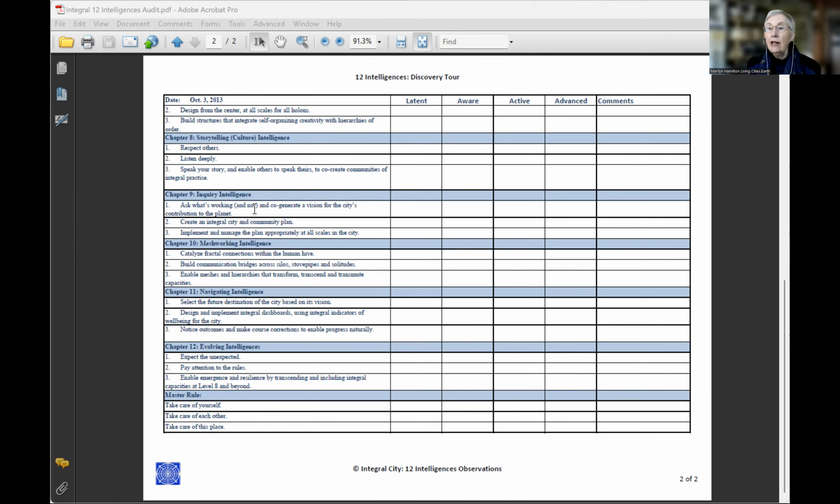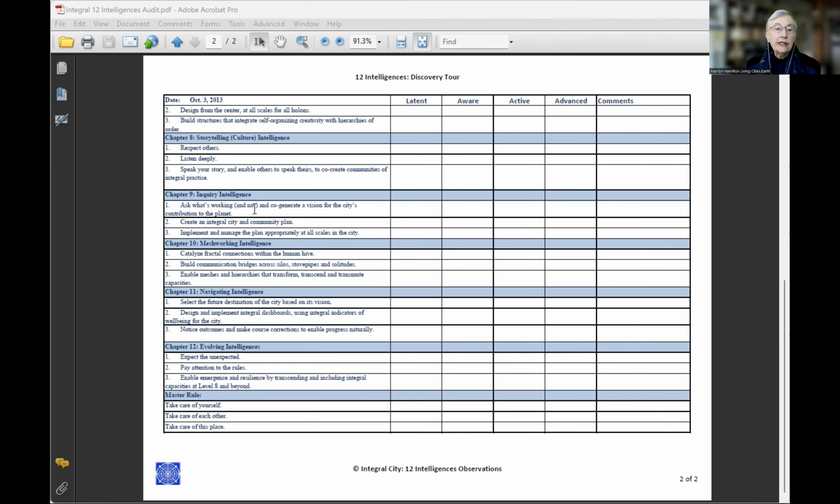One of the great values of meshworking, because it combines the self-organizing systems along with the structuring, is that it actually builds capacity in the city and allows us to transform on a very large scale, to transcend, to include and combine and recalibrate what has gone before, and also to transmute on another level to maybe shift the note of the city to move from one change stage to another. So meshworking is a very powerful intelligence.